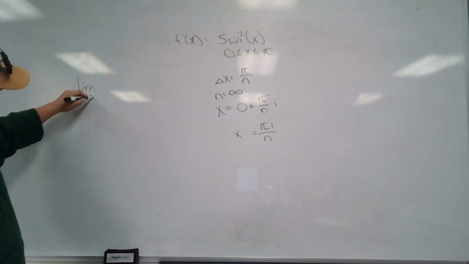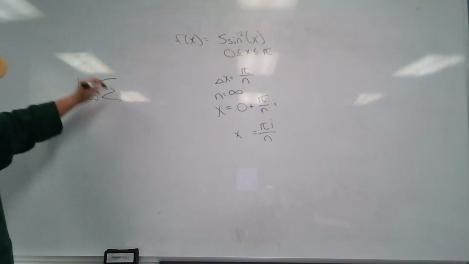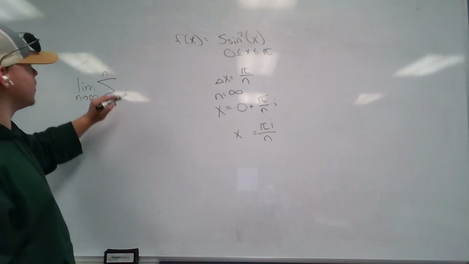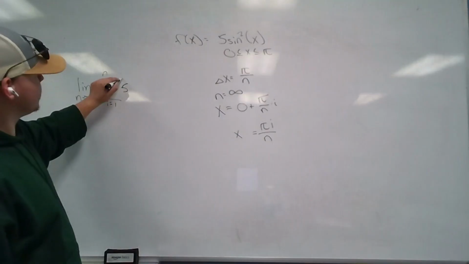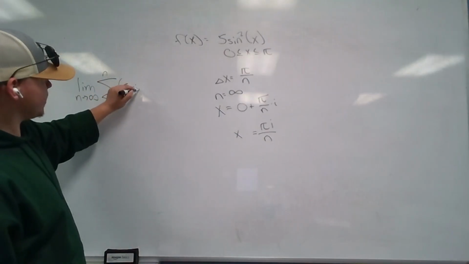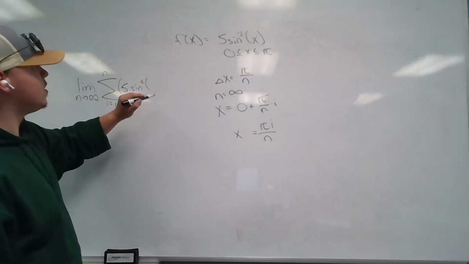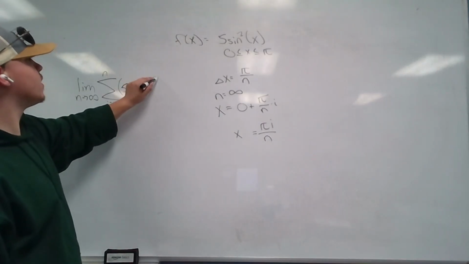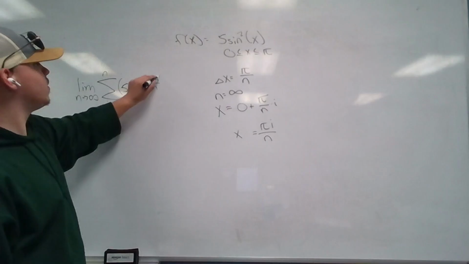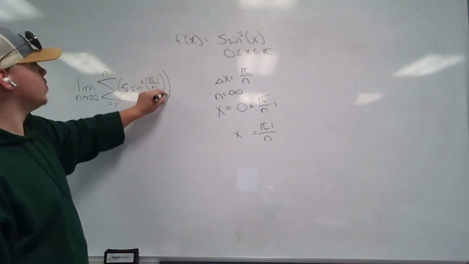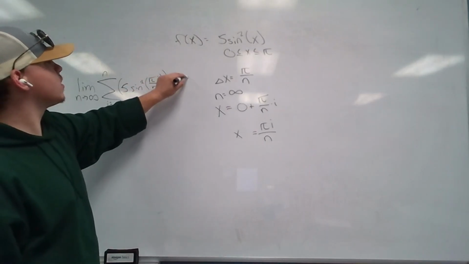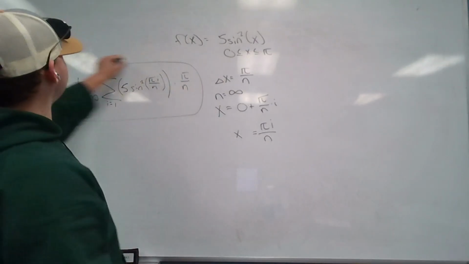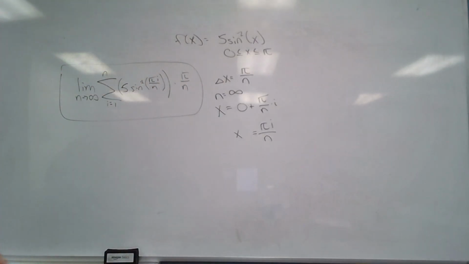Limit as n goes to infinity, summate i equals 1 to n, which is infinity, of 5, put that in parentheses, sine squared, x was pi i over n, boom, times pi over n. And this is going to be the answer if it was asking you to do this.